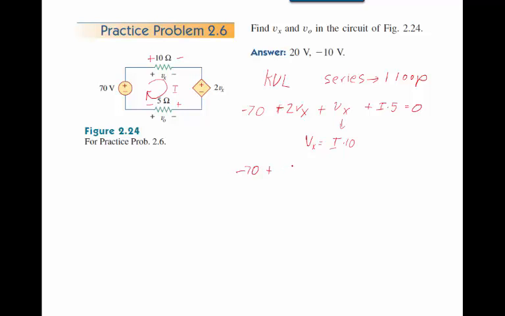So minus 70 plus, making that substitution right here, 2 times I times 10, plus I times 10, plus I times 5, equals 0. This is an Ohm's law application, this is an Ohm's law application, and this is my voltage controlled source. Voltage controlled voltage source. This voltage, Vx, controls this voltage right here.